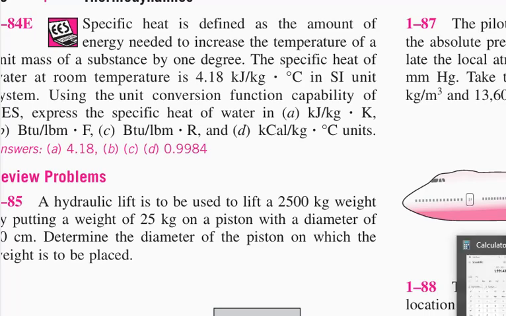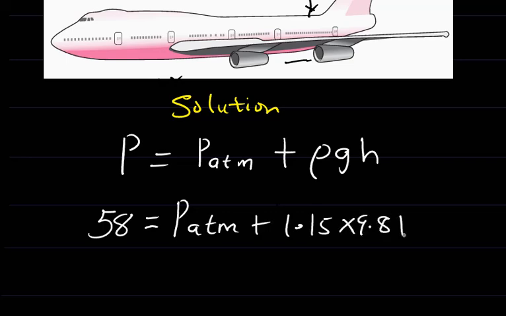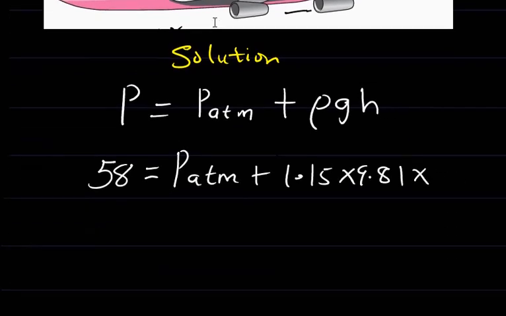So here P atmosphere is equal to the absolute pressure minus the density of air, 1.15, times 9.81, multiplied by the height, which is 3 kilometers.